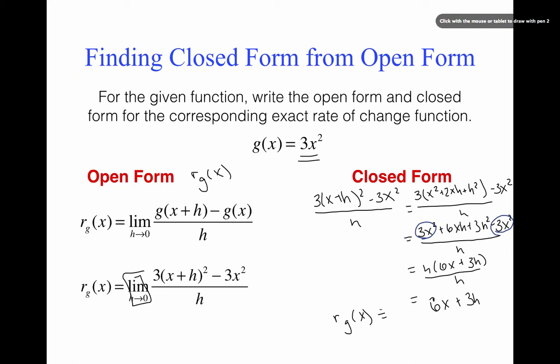Sorry, let me back up. Let me not write it that way. Let me say that this expression is essentially equal to 6x, right? Because when I let h get very small, this left-hand expression becomes essentially equal to just 6x, which allows me to say that the rate of change of the function g with respect to x is just 6x.